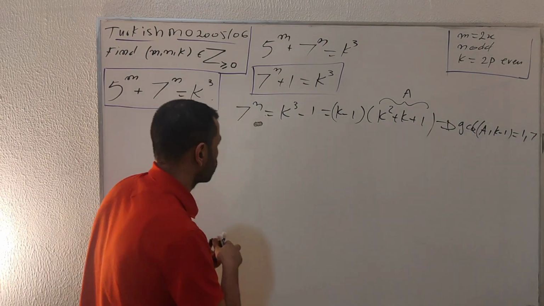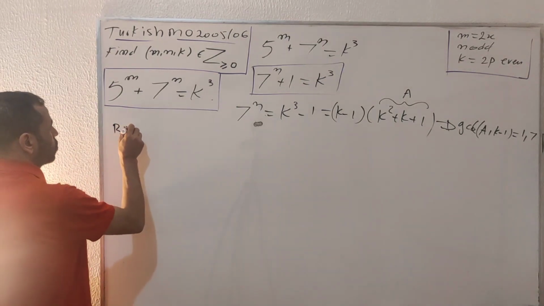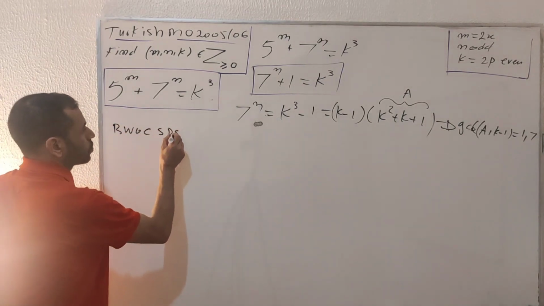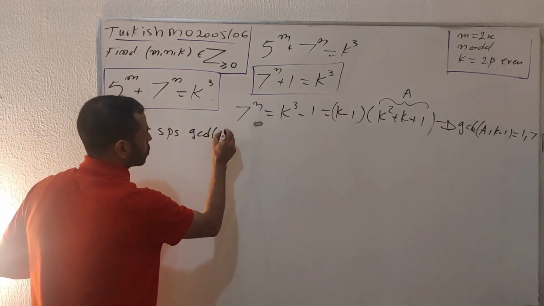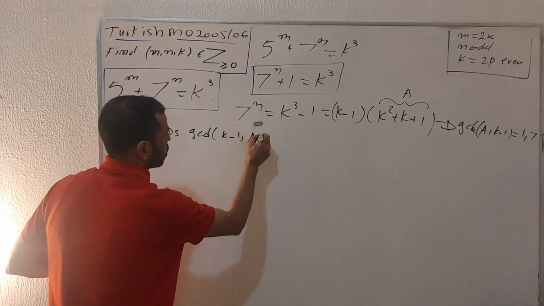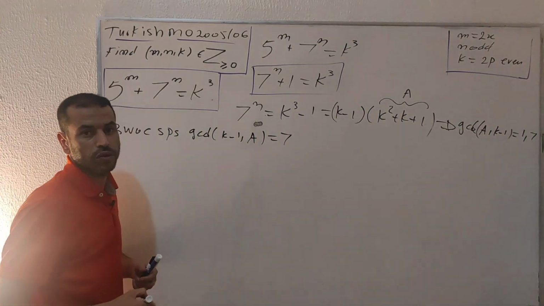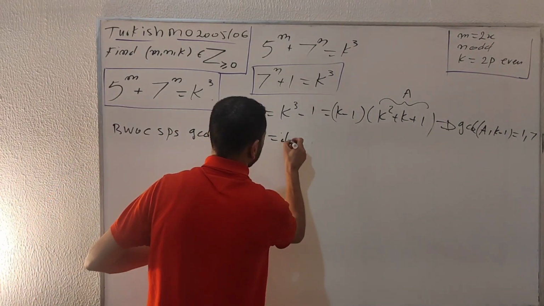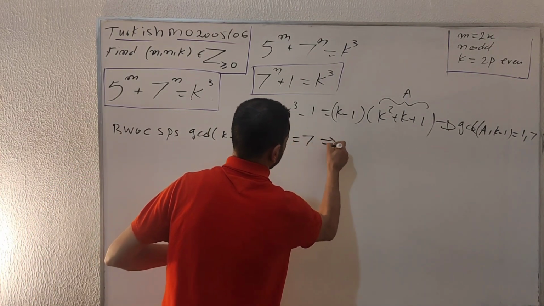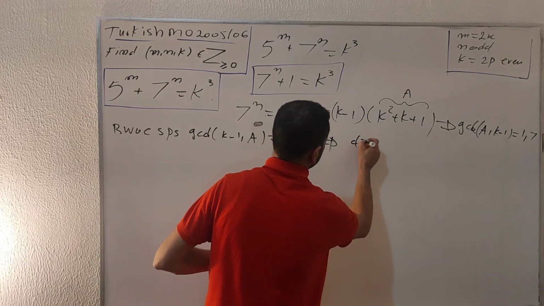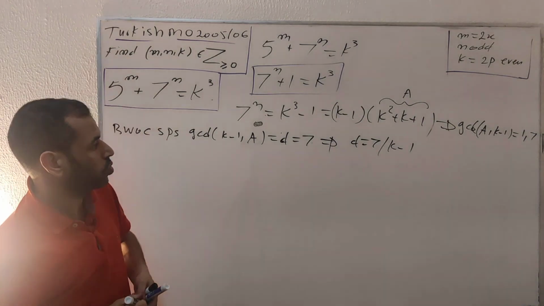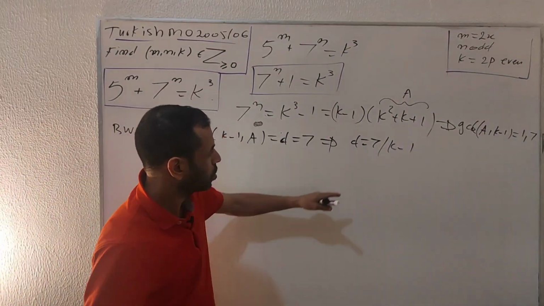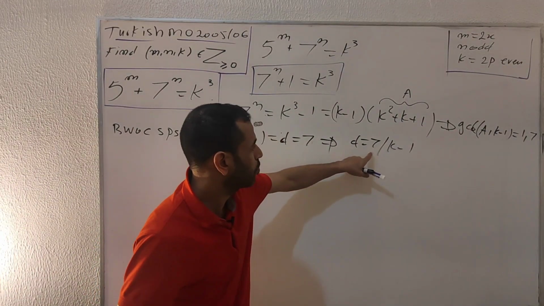Okay, so by way of contradiction, suppose the GCD of k minus 1 and capital A equals 7. Let's say d equals 7, which means 7 divides k minus 1. Which means k minus 1 is a multiple of 7.